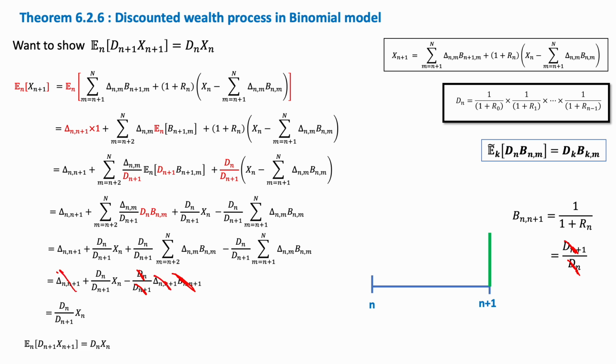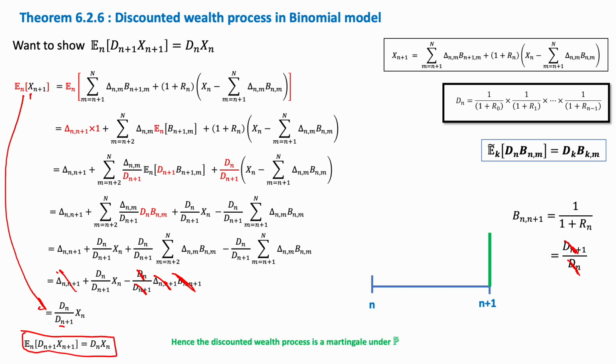And then we're left simply with this, right? And so we have shown that the expected value as of time n is equal to this. This dn plus 1 can be just moved inside this expectation here. And essentially, we have proved what we wanted to prove. The discounted wealth process is a martingale under P tilde. There is no arbitrage for the trader.